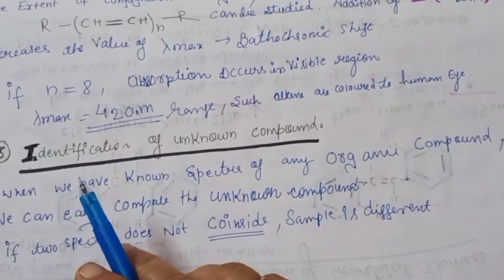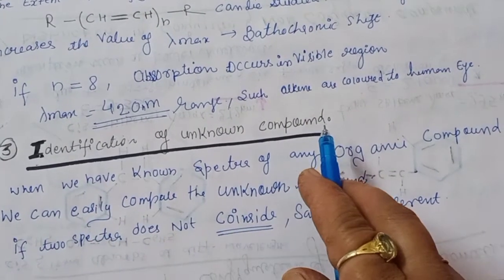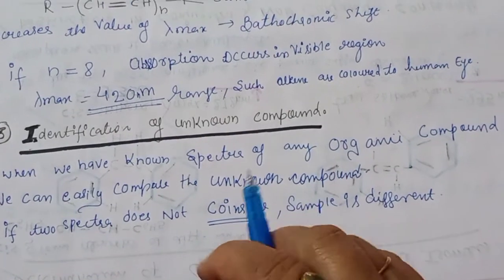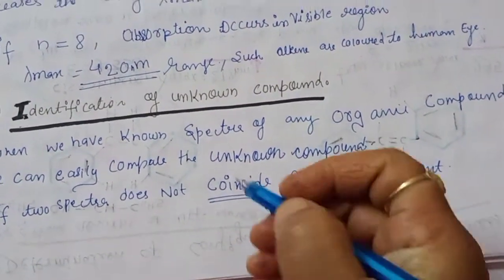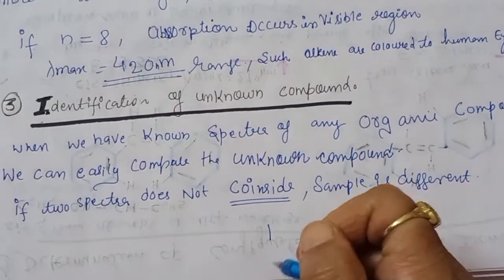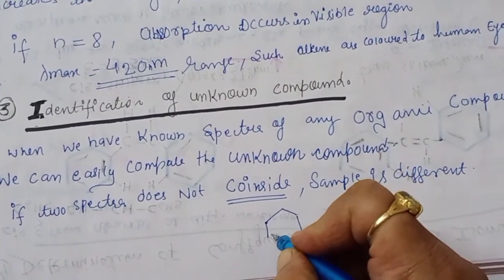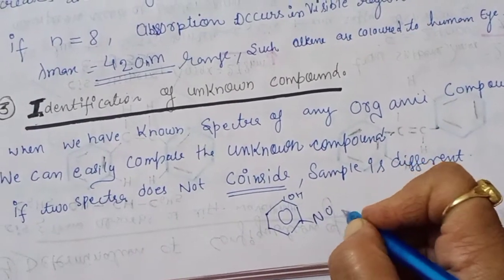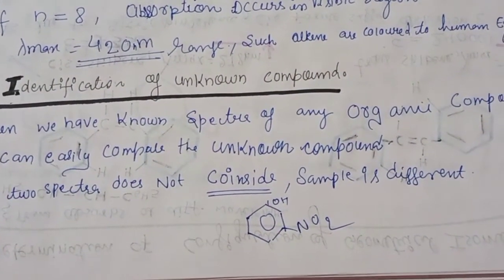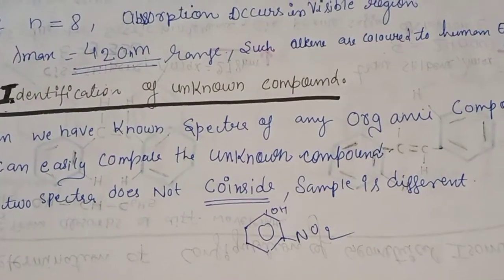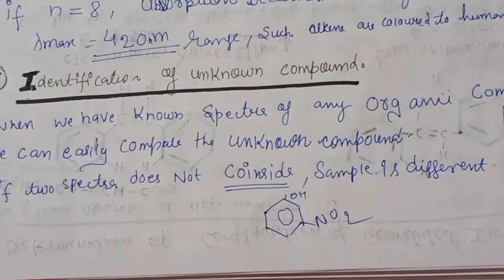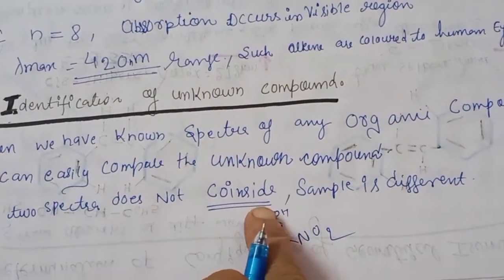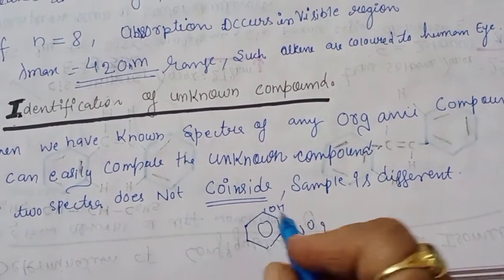Next is the identification of an unknown compound. Suppose we are talking about phenol or nitrophenol. If a sample has the same molecular structure, the spectra of the compounds should coincide, otherwise that sample is different.